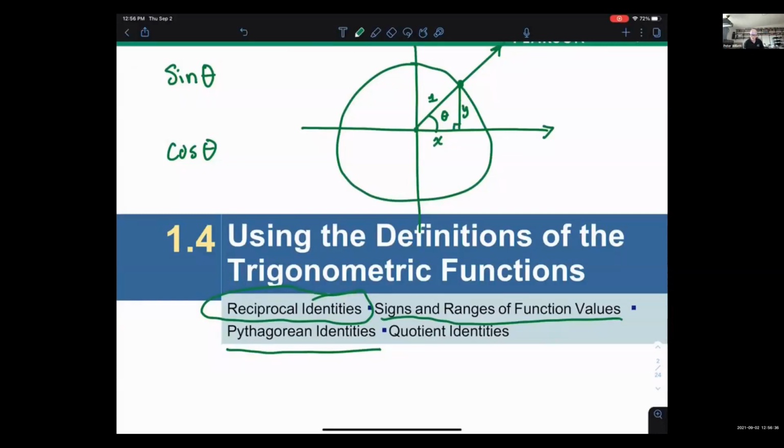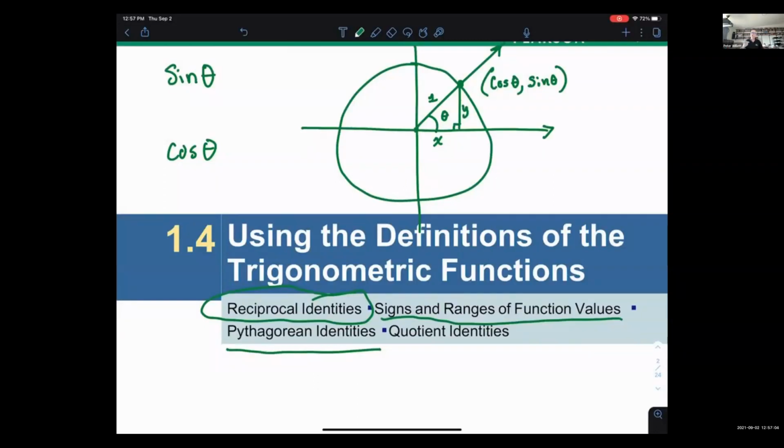If the x value is just cosine theta, then I can write the coordinates of that point as cosine theta for the x value, and sine theta for the y value. And then we looked at different ways where, if we knew a point on a circle, you could evaluate the function for different angles.